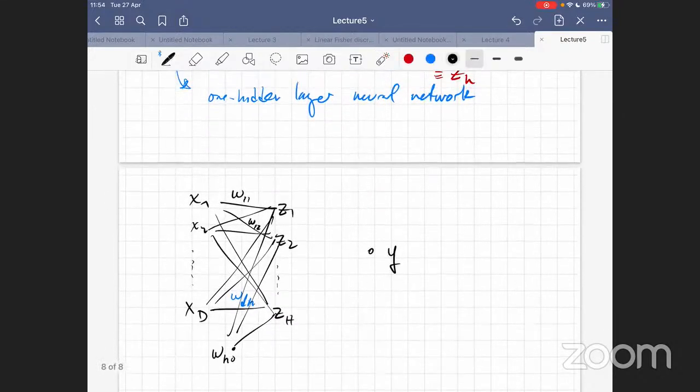So all the z values are affecting the output, and these weights are the vh.